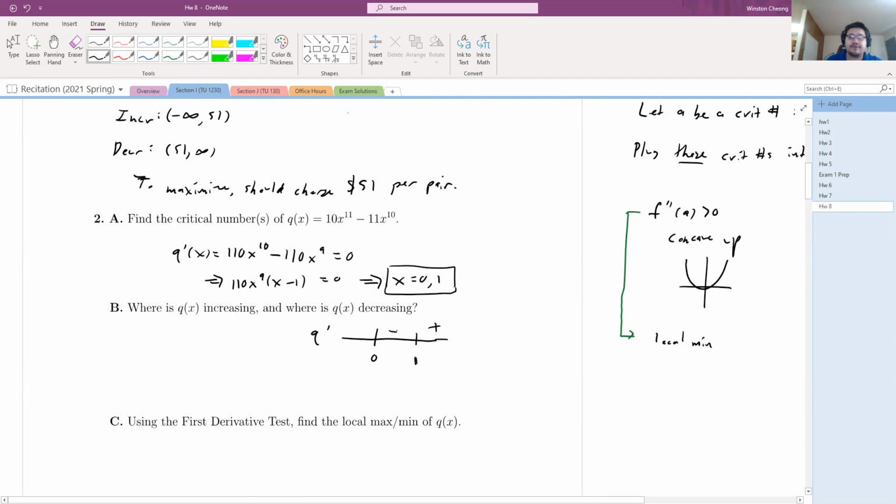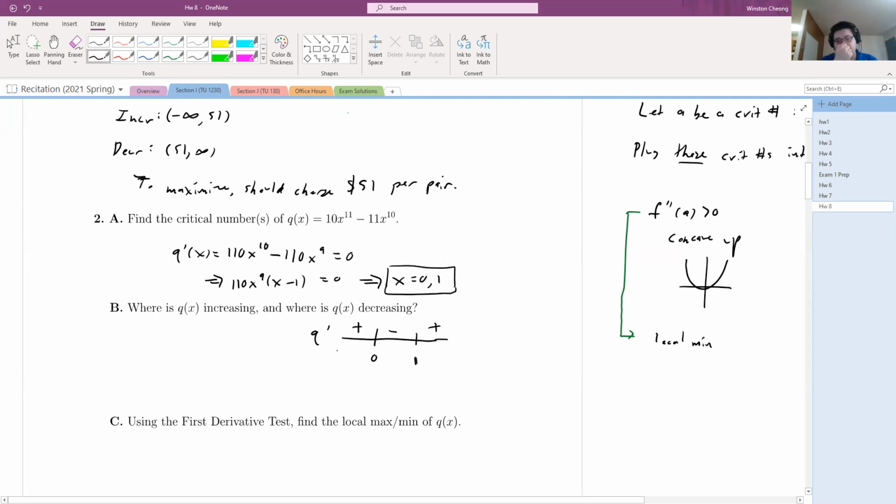And then similarly, going from the region between 0 and 1 to the region below 0, that only affects the sign of the x to the 9th. Raising to the 9th maintains the sign, which means it's going to flip the overall sign of the function. So this region here turns into a plus.